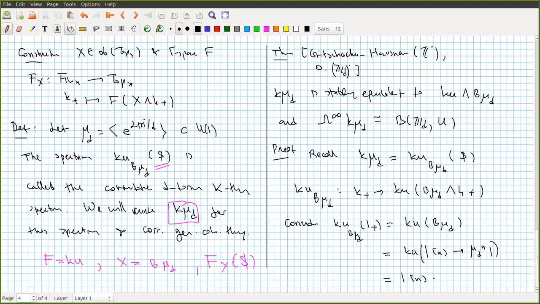Therefore, you can commute them and look at the geometric realization of the simplicial space given by evaluating K_μ at μ_D to the power n. So essentially, if you want to understand the Gamma space applied to 1⁺, it suffices to understand K_μ at μ_D to the power n.